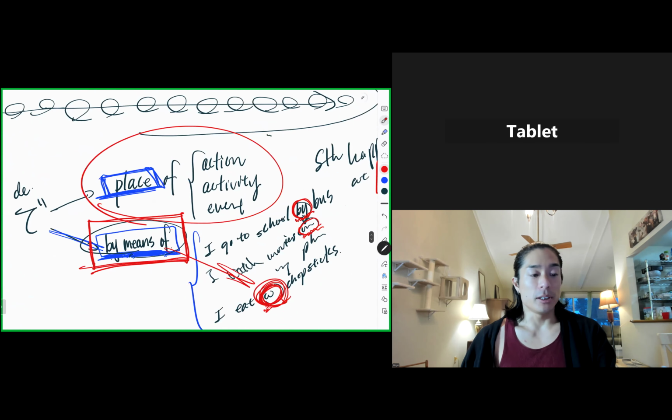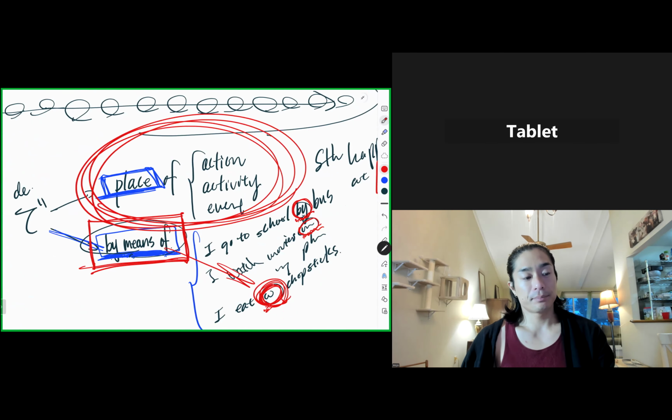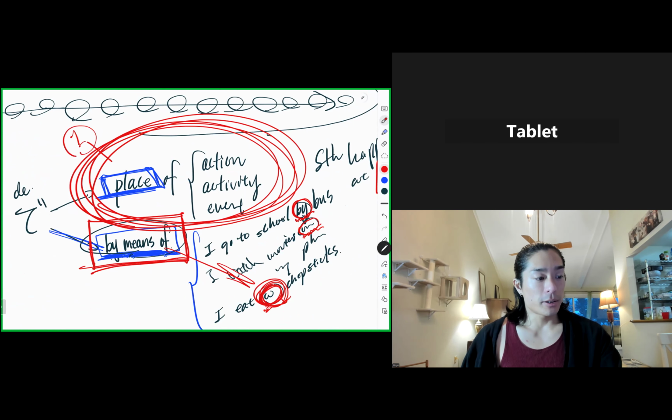This is most commonly used, place of action. So I would always encourage you to start with this translation, see if it makes sense. Whenever it doesn't make sense, move on to this one, the second function, but just start with this translation by means of, right?